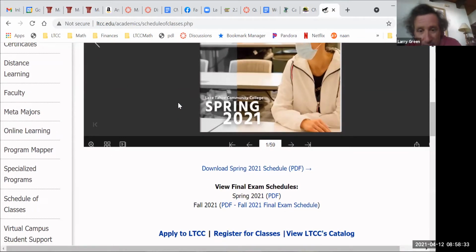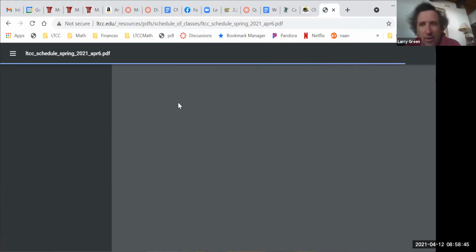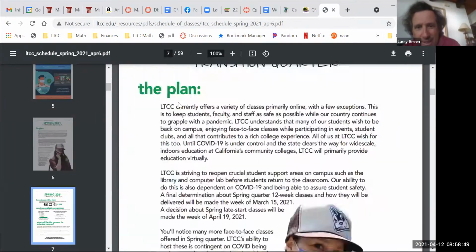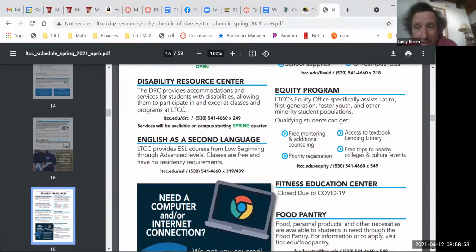And then spring schedule. In a moment, scroll up a whole bunch. You can scroll in a different way to go faster. Just got to move all this other stuff on Zoom.